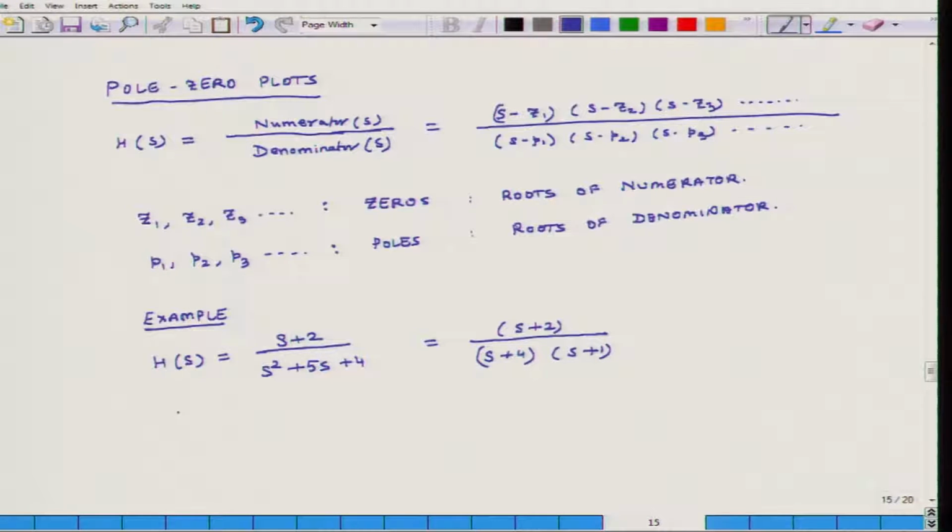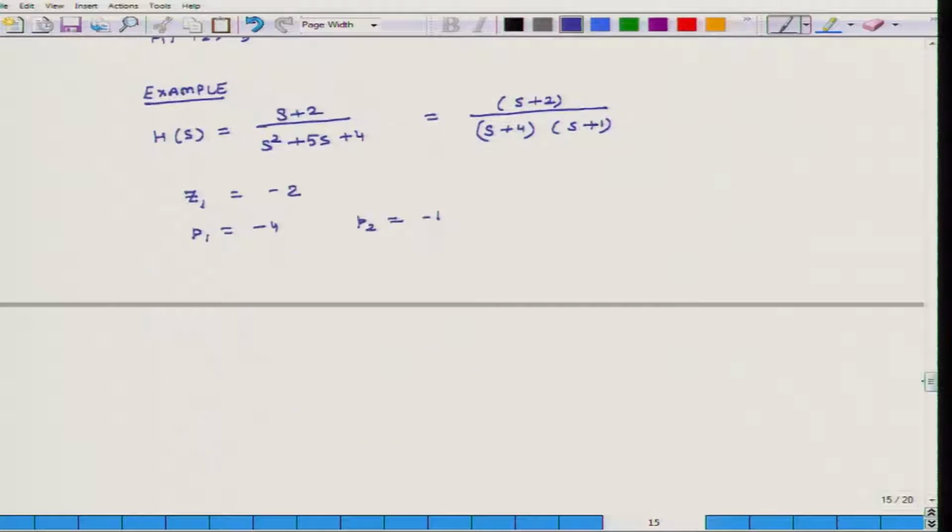So, what that means is that this transfer function has one zero, z1 equals minus 2, and it has two poles, p1 equals minus 4, p2 equals minus 1.